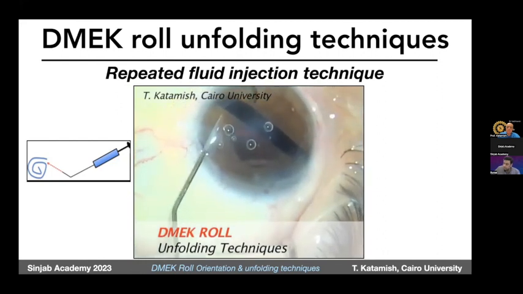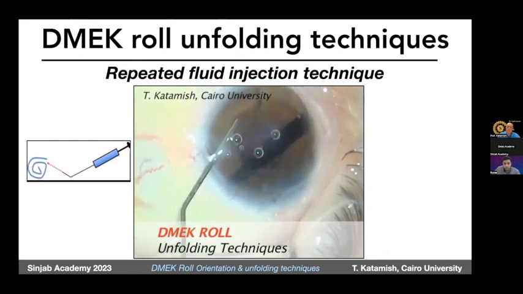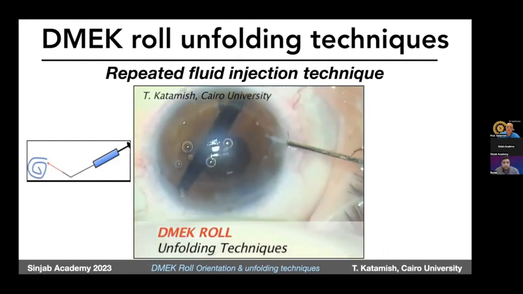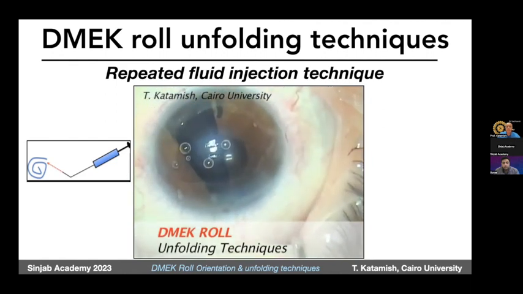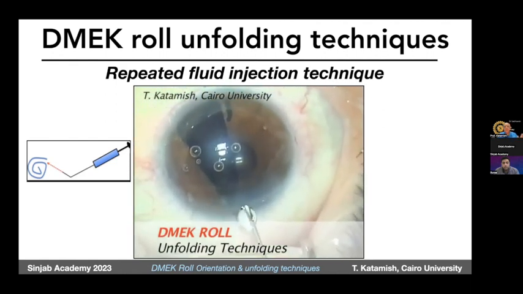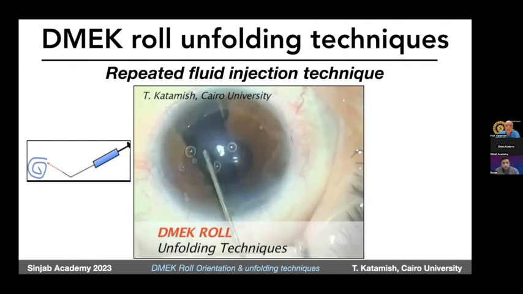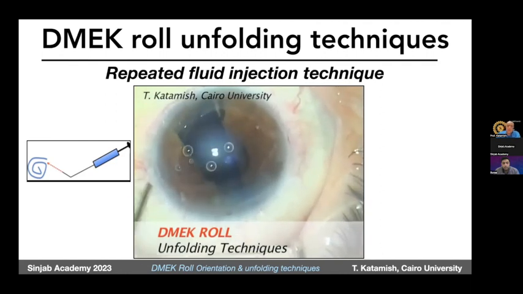I'm trying to inject to open a special edge, and this of course is for the difficult cases. You see now, it starts to open. Since you have this opening, you can continue with the other techniques you have, either the tapping technique or the Drismer technique.